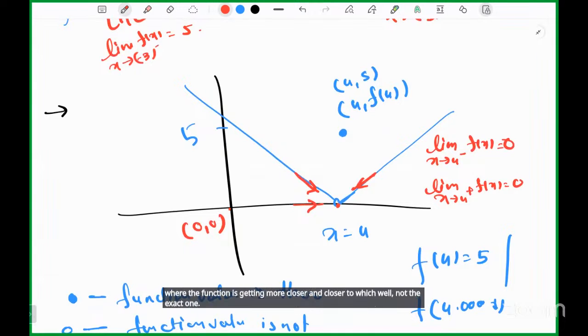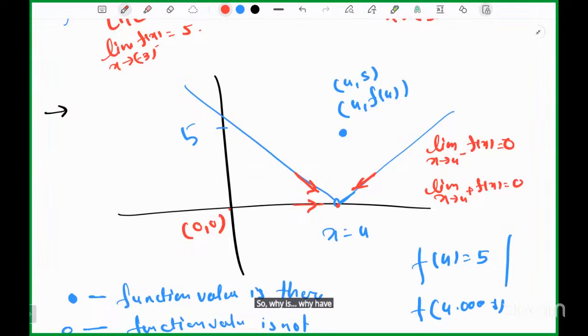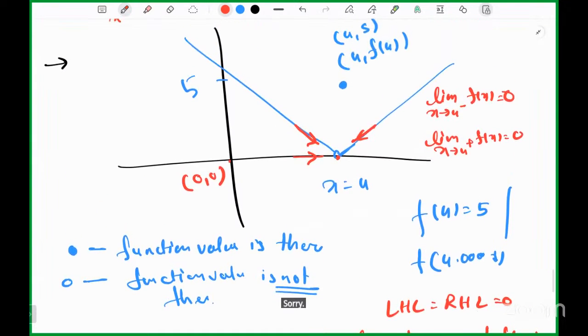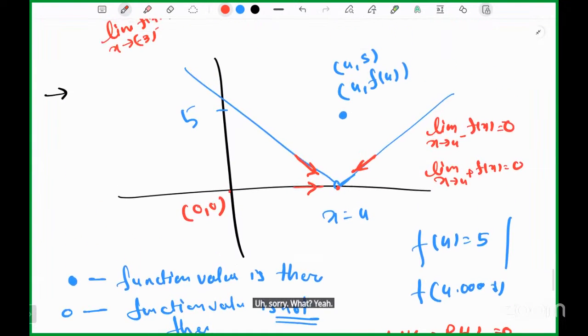Why have you written f of 4 is equal to 5? Sorry, what? Dilip, you've mentioned f of 4 is equal to 5, right? How does that work? I'm sorry, I couldn't figure it out. Well, that's the definition of the function.